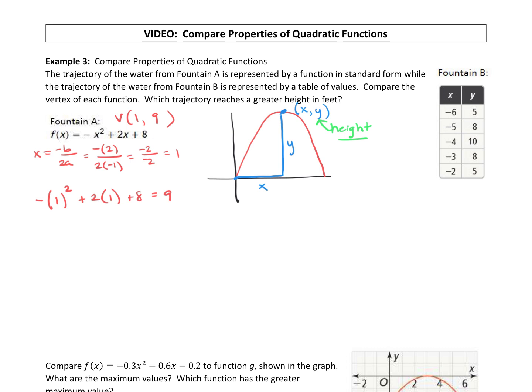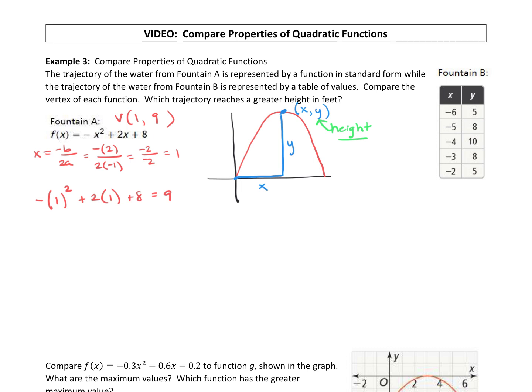All right, so how do we find a vertex when we just have a table of values? We don't have a function to do that negative b over 2a magic with, right? So let's see what we notice about these ordered pairs. We know that these functions are symmetrical. If we look at the y values, do we notice any patterns where things are repeating and you might have reflection points?